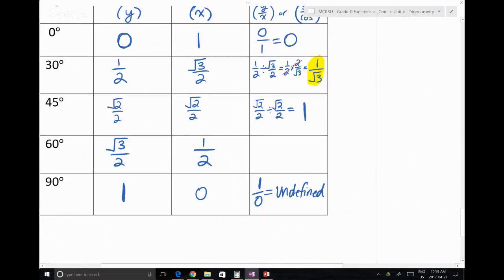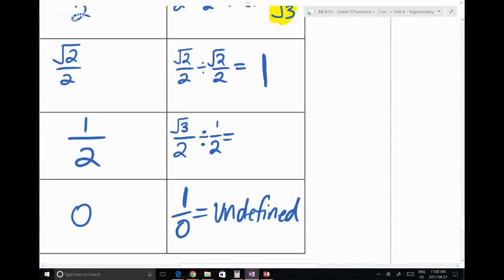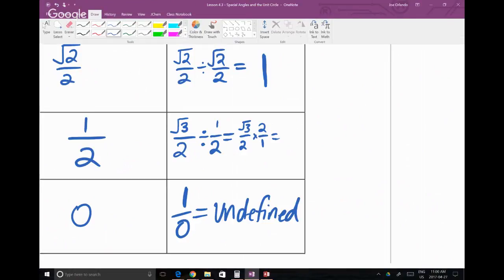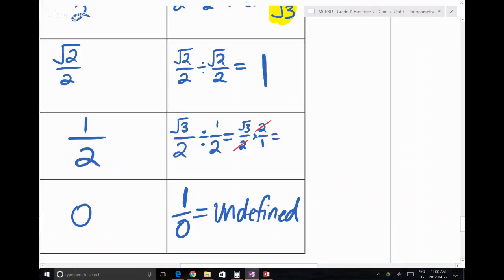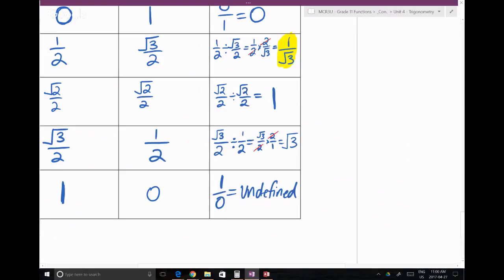And again, when it comes time to do tangent, it's y divided by x, or sine divided by cos, so root 3 over 2 divided by a half. When we divide by a fraction, of course, we invert and multiply, so that'd be root 3 over 2 times 2 over 1. And we end up with root 3 over 1, and that, of course, can just be written as root 3. And perhaps because I had to show the calculations, I'll highlight all these final answers.